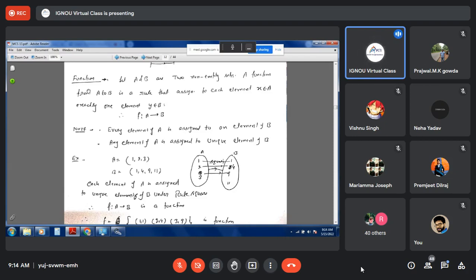Again, I repeat, every person in the room standing in front of the mirror must have a particular image. Particular image means the image of X is different from the image of Y. That is the introduction of the function.